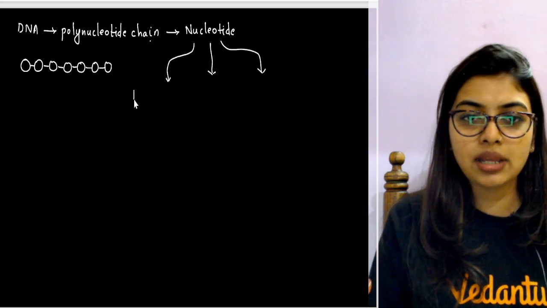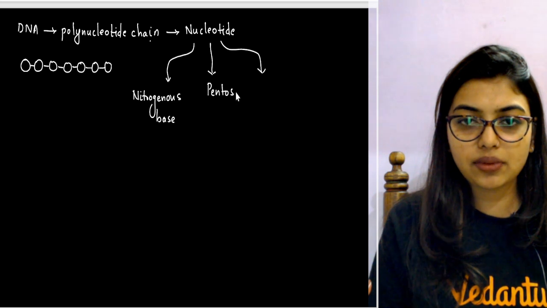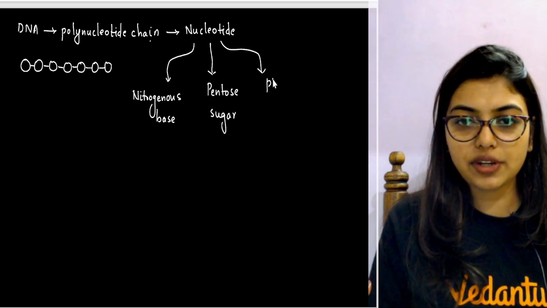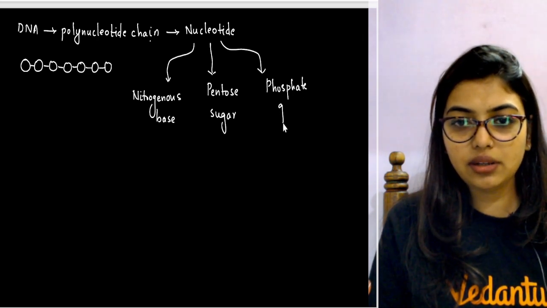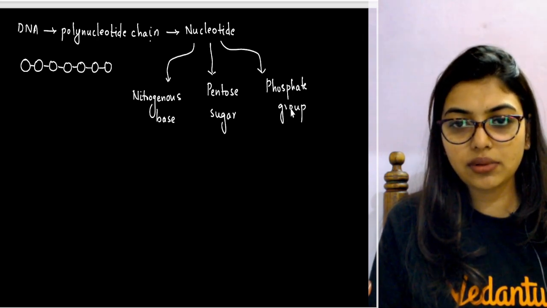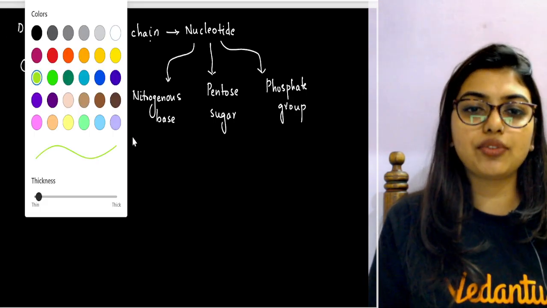What are they, ma'am? They have a nitrogenous base, a pentose sugar, and a phosphate group. These are the three components of your nucleotide.